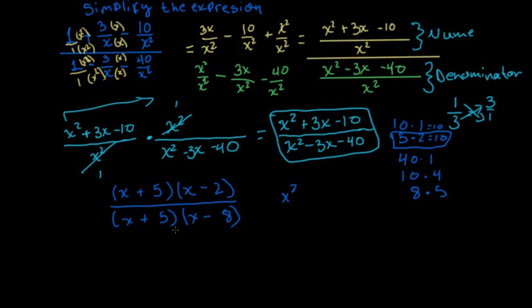I'm doing FOIL with the denominator, so x times x is x squared. x times -8 is -8x. 5 times x is +5x, and 5 times 8 is going to be 40, but because this is negative, I'm going to have a -40. So adding these terms, we have x squared minus 3x minus 40. That means our factors are good.